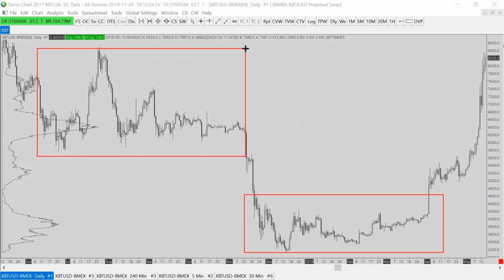We would consider price to be in balance. And as I explained a couple of weeks ago, it's in ranges like these that the majority of volume is traded, because that's where liquidity is. That's where your larger traders are doing business.